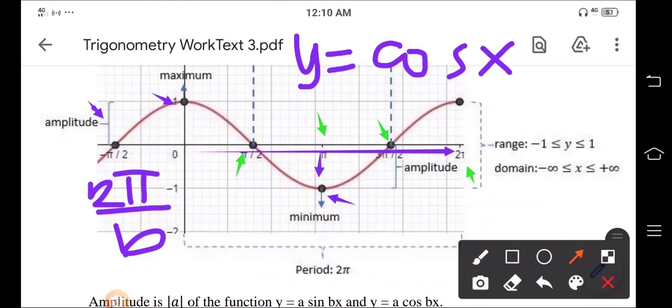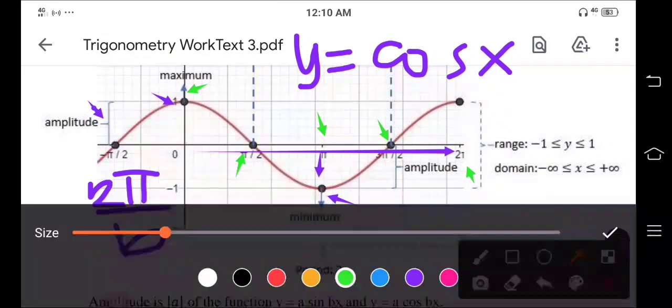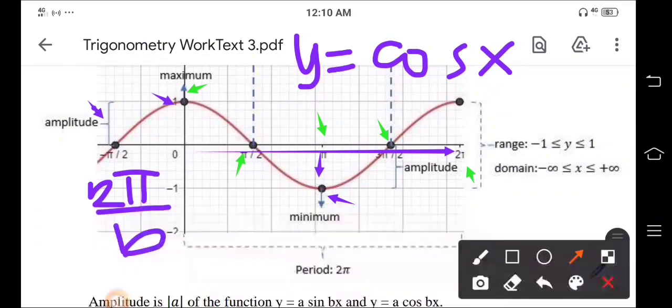So the key points are 0 and 1, pi over 2 and 0, pi and negative 1, 3 pi over 2 and 0, and 2 pi and 1. The intercepts or the zeros are pi over 2 and 3 pi over 2. Meaning at that point, the graph touches the x-axis.